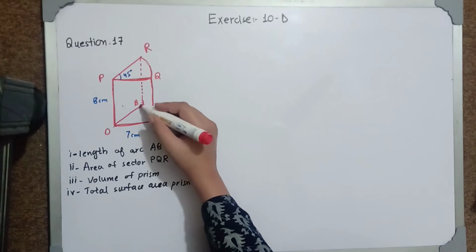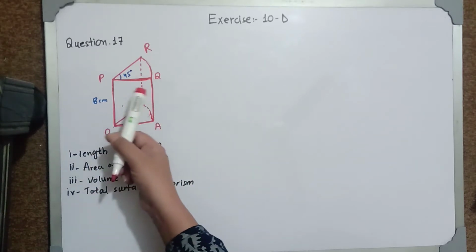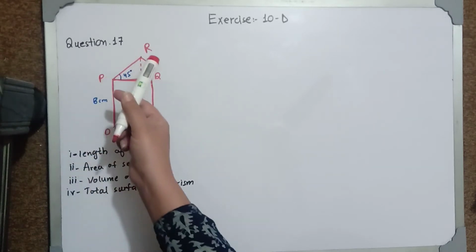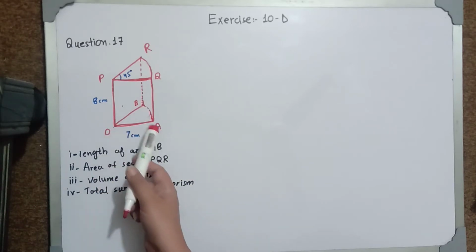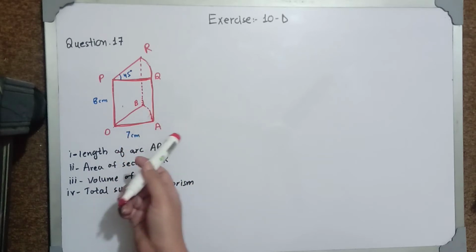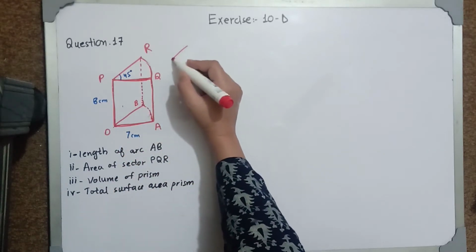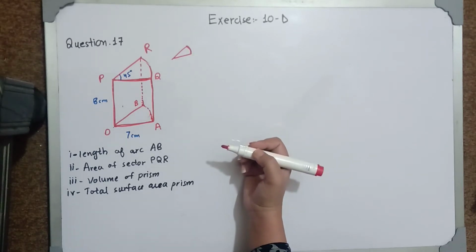So in part 1 they have asked you to find AB, and as you can see in this figure, the PQR is just like the sector of a circle, and also OBA is very much like the sector of a circle. And in the sector, we know that this side is arc length, right?